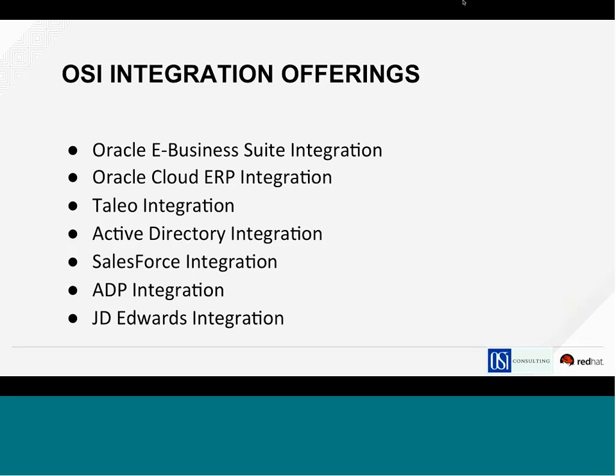Taleo integration. This is a very popular talent acquisition system over the cloud. We have done various sets of integration. Taleo has got a very specific scenario. It has got two versions of it. One is Business Edition and the other one is Enterprise Edition. Both these products provide a lot of functionality to the recruiters and hiring managers.